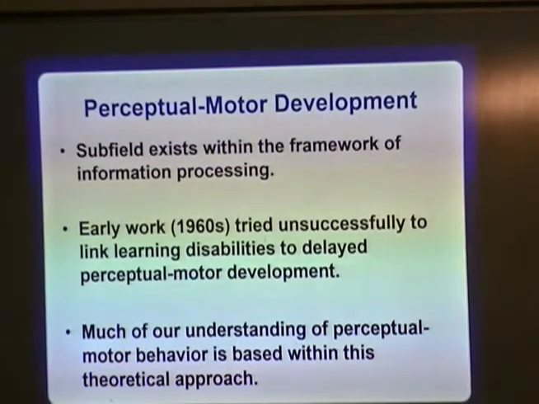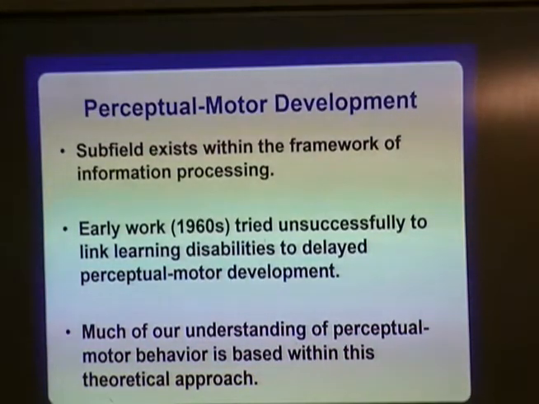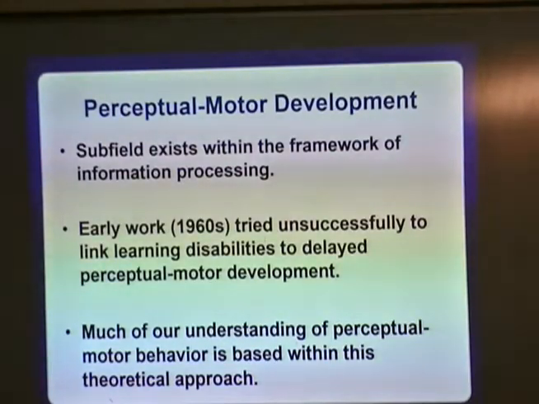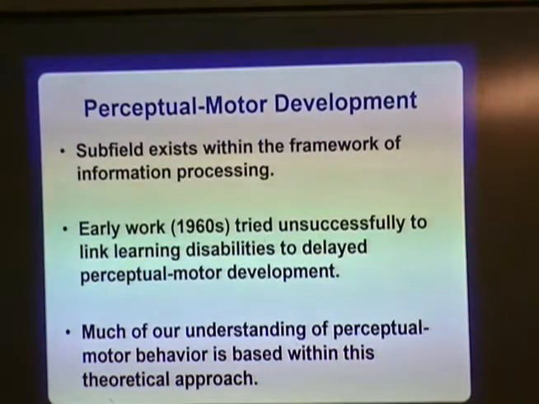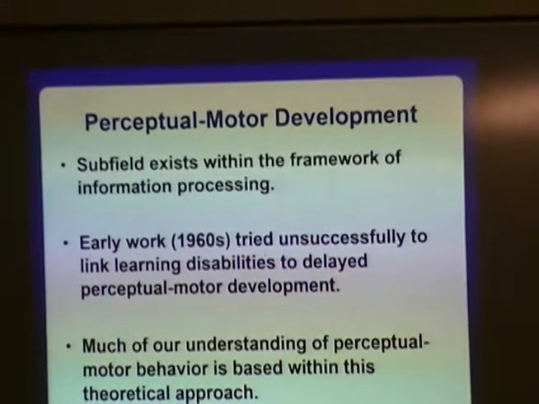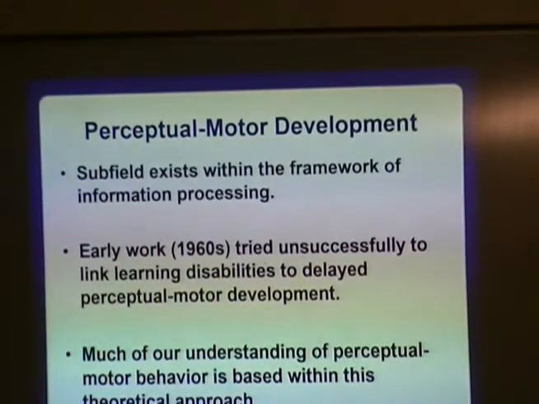A subfield, though, that exists under that umbrella, just before the 70s, people were looking at perceptual motor programs. And what they were trying to do was to find the link.